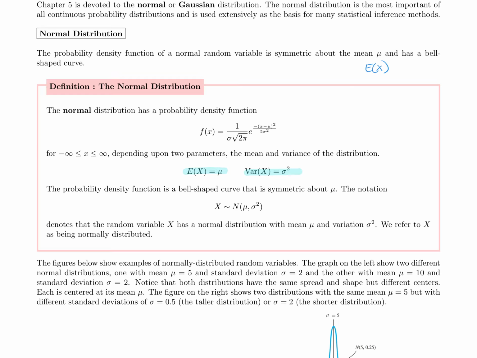The probability density function is a bell-shaped curve that is symmetric about our mean, and the notation to describe that X is distributed normally with a mean of mu and a variance of sigma squared is X tilde N, for normal, mu, sigma squared.